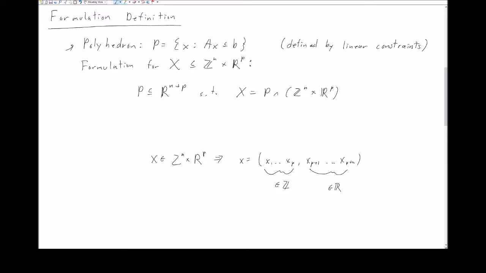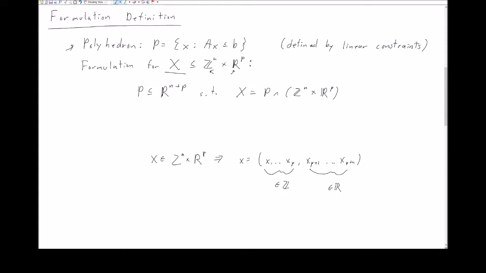And this polyhedron is going to be a formulation for some particular set X. In this case, X is going to be a little bit more general. X is going to have some discrete lattice points from an integer program, but X also might contain some other points, some continuous variables that are going to be defined by any real numbers. So X is going to be something like a mixed integer program set of variables.